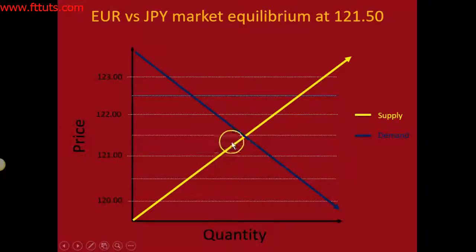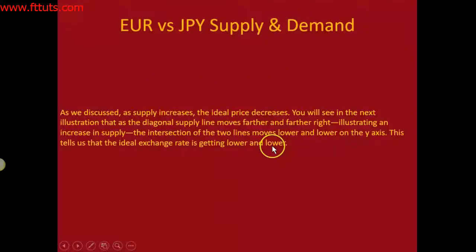So supply is represented by this yellow line and demand will be represented by this blue line. So as we discussed, as supply increases, the ideal price decreases. All right. You will see in the next illustration that as the diagonal supply line moves farther and farther to the right, illustrating an increase in supply, the intersection of the two lines moves lower and lower on the y-axis.